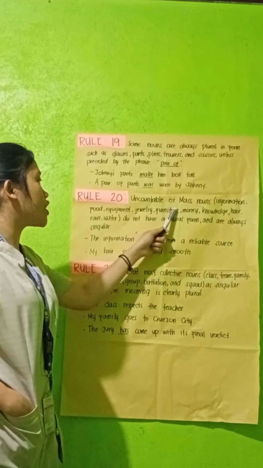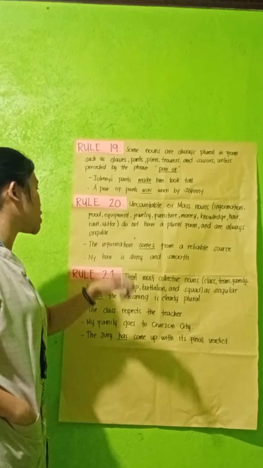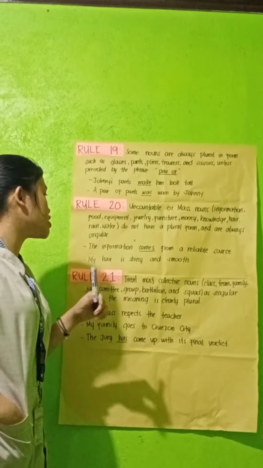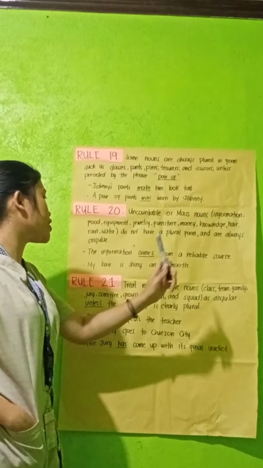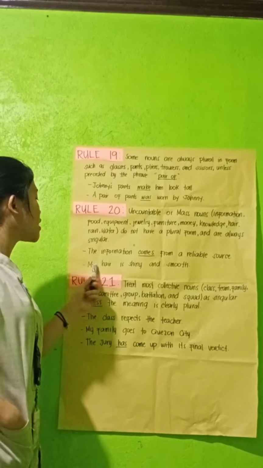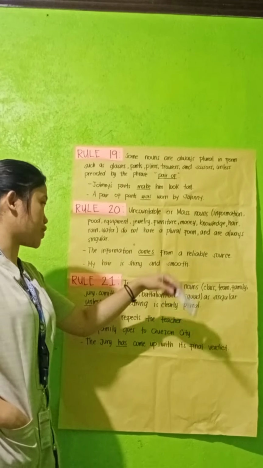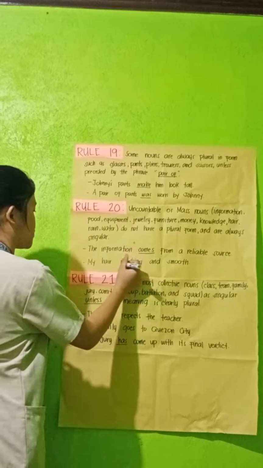Uncountable or mass nouns, for example, information, food, equipment, jewelry, furniture, money, knowledge, hair, rain, water, do not have a plural form and are always singular. For example, the information comes from a reliable source. My hair is shiny and smooth.